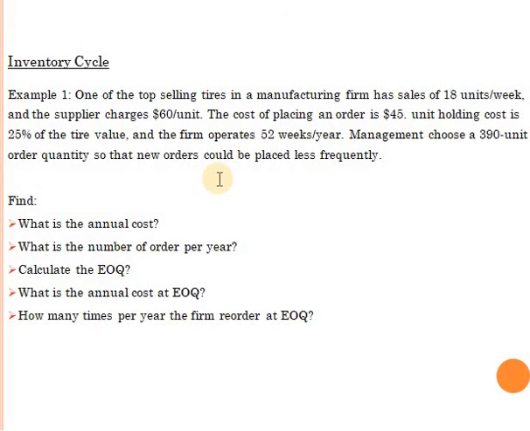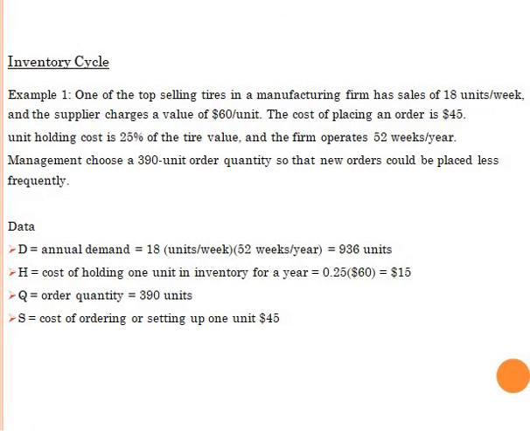Here I want to find the annual cost, number of orders per year, the EOQ, cost at EOQ, and the times per year to make reorders. First of all, let's summarize the given. Here we have sales of 18 units per week, so this is your demand.